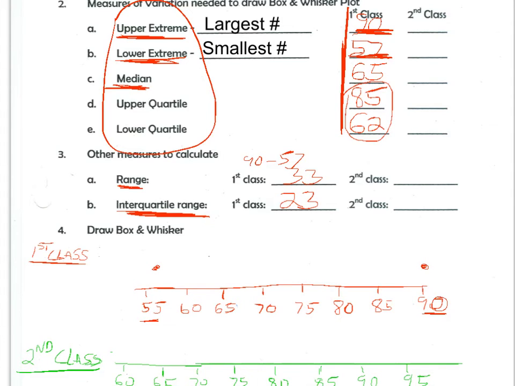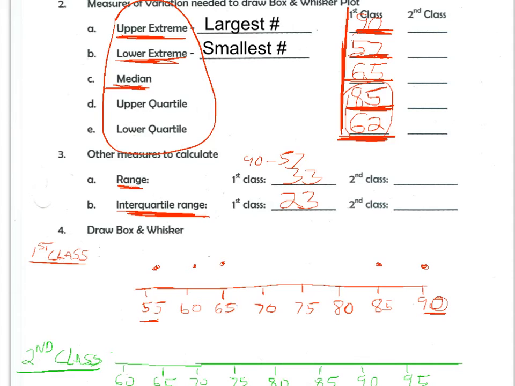Then all the other points are going to be in between because those are the extremes. The median is 65, which is right here. The upper quartile is 85, so this is right here. And the last point, the lower quartile is 62, which will be a little bit past 60, right about here.